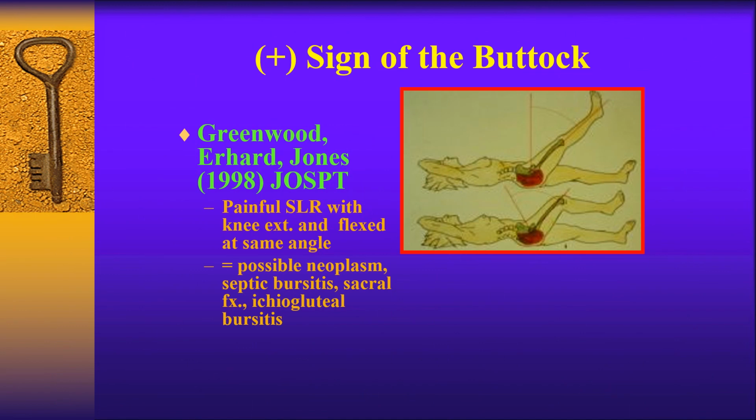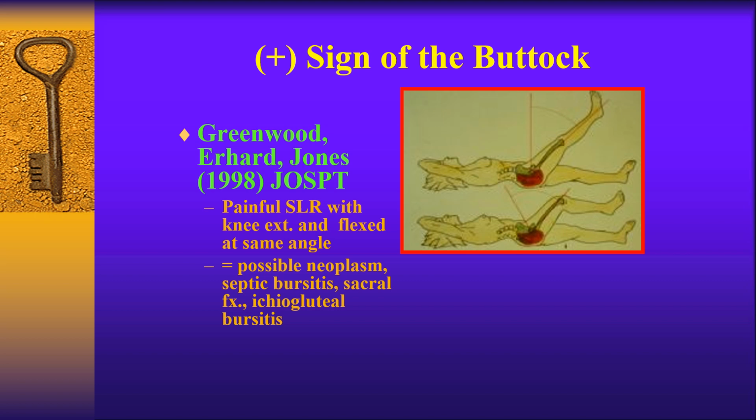Another special test that you should be familiar with is the sign of the buttock. The sign of the buttock test looks at the amount of hip flexion that can be achieved when the straight leg raise test is performed, and then it's repeated with the knee flexed, taking the hamstrings off of slack. In the graphic on the right, in the top image, we're performing a straight leg raise, and it looks like we get to about 45 degrees before limitation, perhaps due to pain.